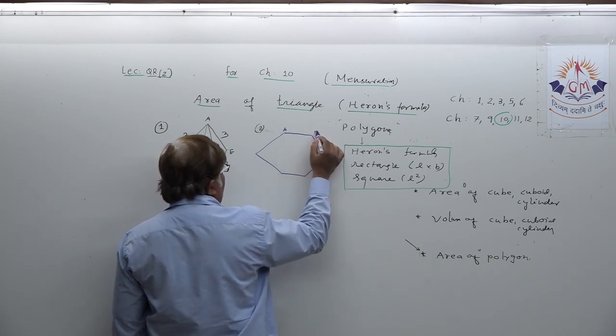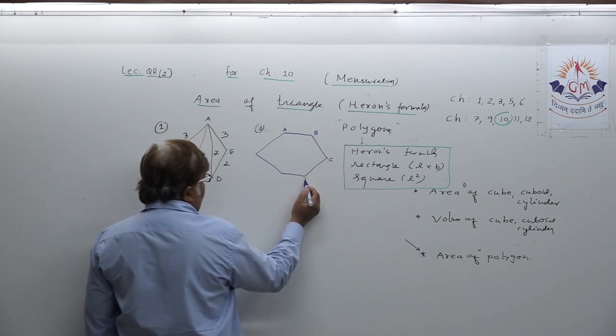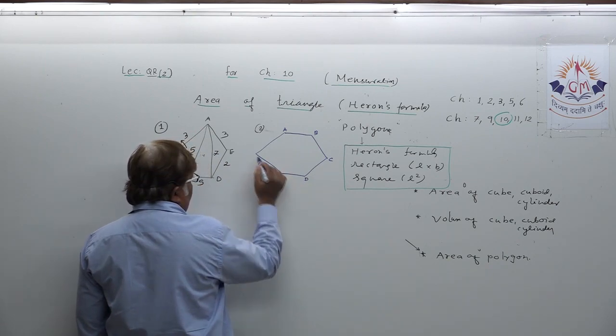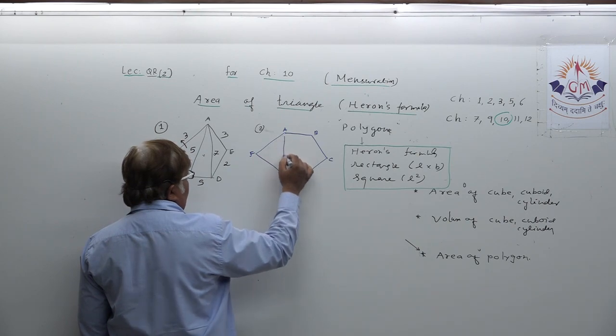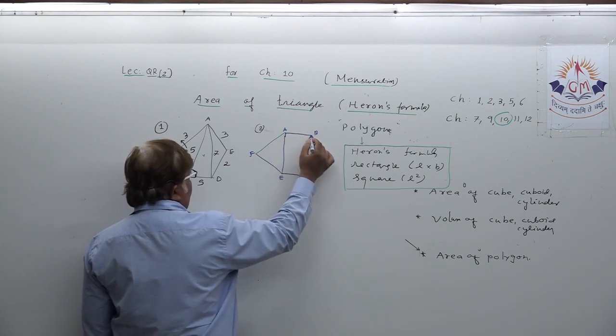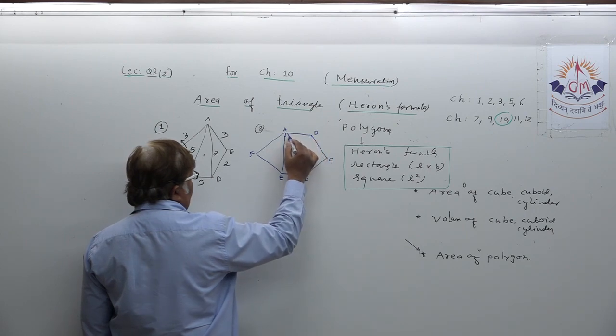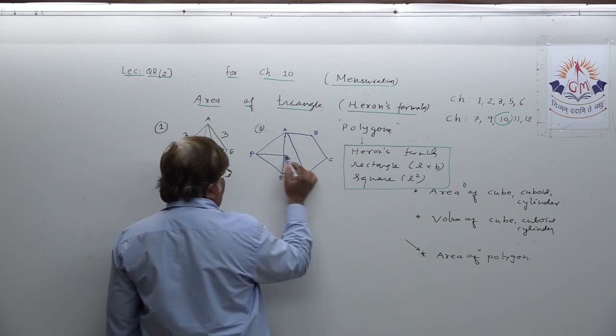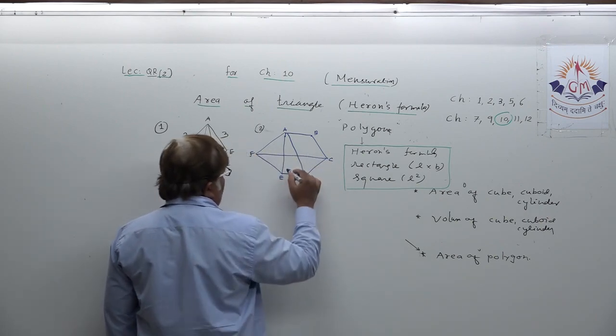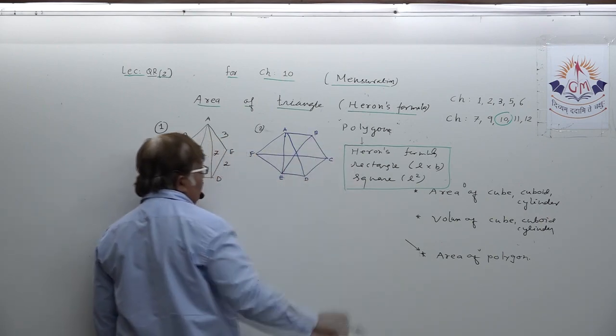If I name from here A, B, C, D, E, F, the hexagon, you are also given these diagonals in the hexagon. This is also a diagonal and this is also a diagonal.